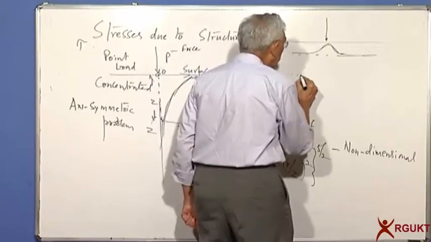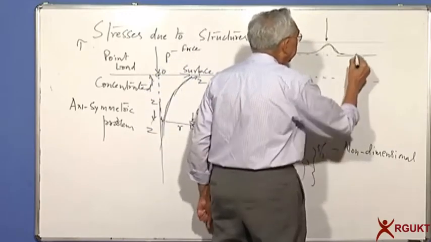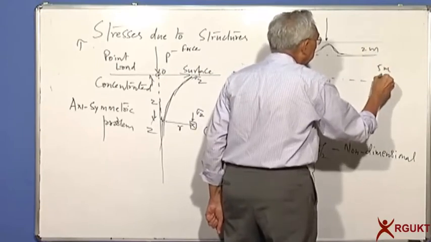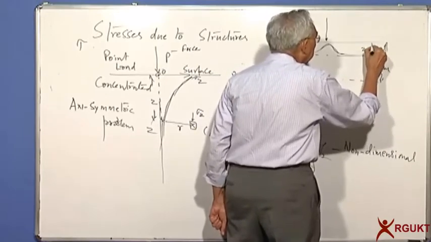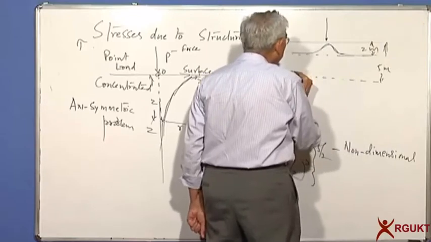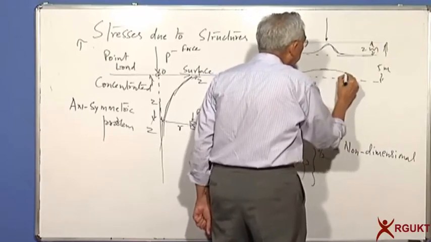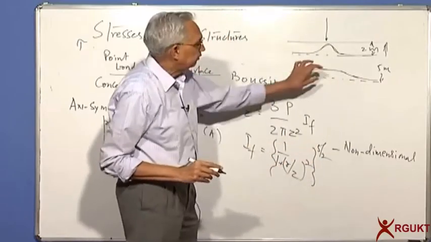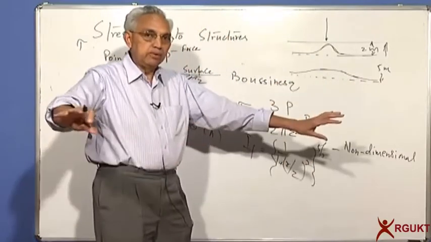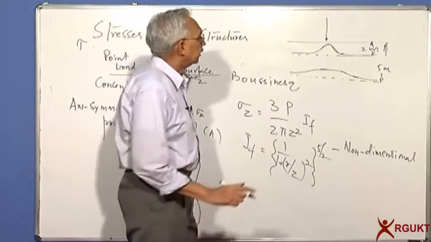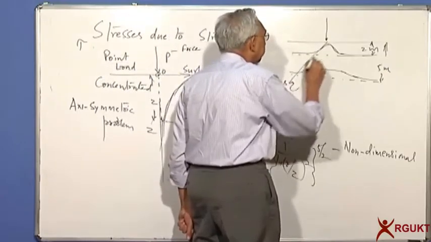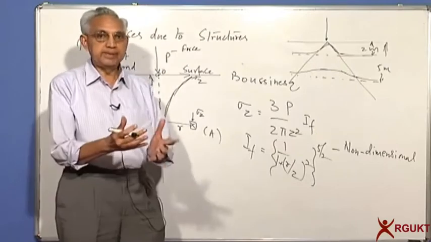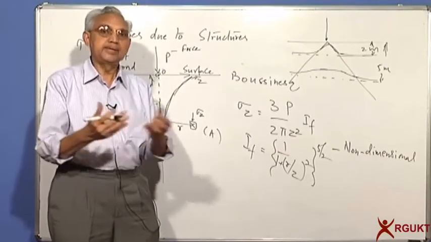As you go deeper, let's say this is 2 meters, now I am looking at 5 meter depth, you will find that the stresses are getting more uniform. The maximum value will decrease and the load will spread laterally.